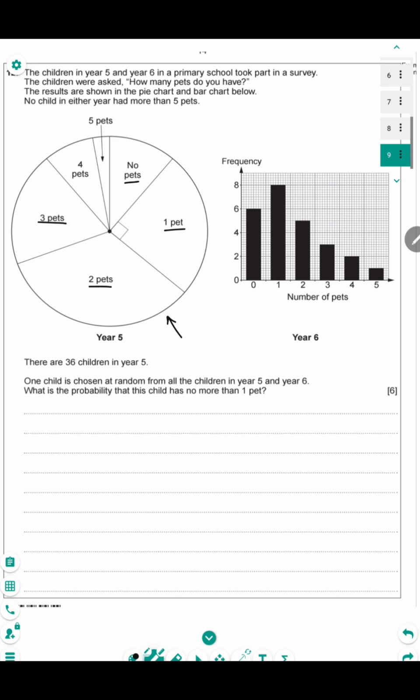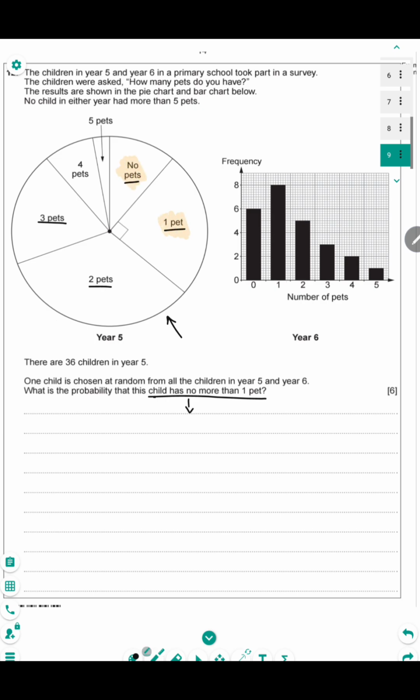Now, for this question, if you read the question through, it says we're looking for the probability this child has no more than 1 pet. So what does that actually mean? No more than 1 pet. Well, that means that they've either got no pets or 1 pet.